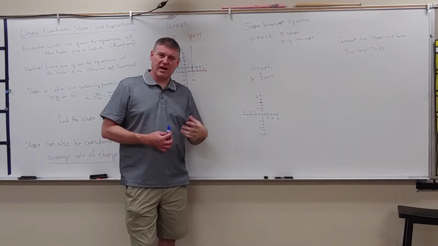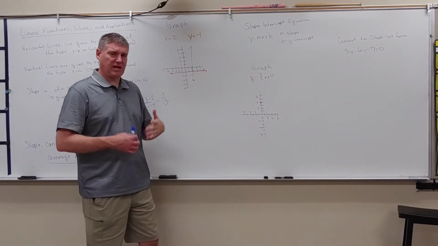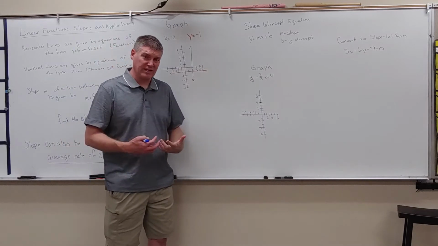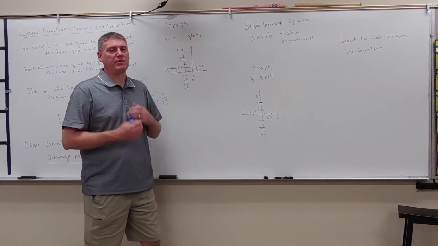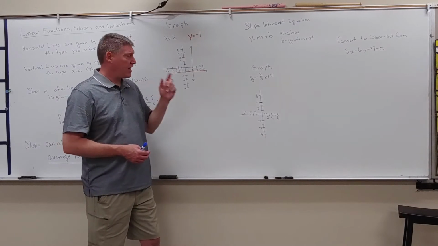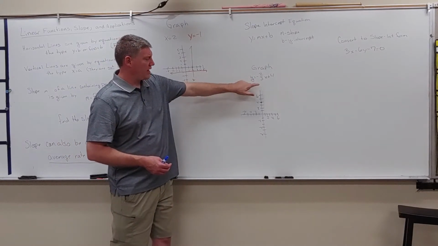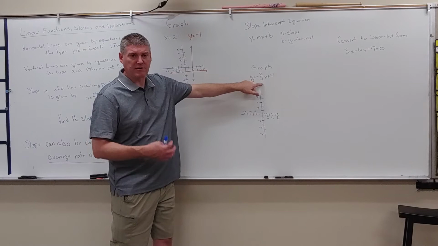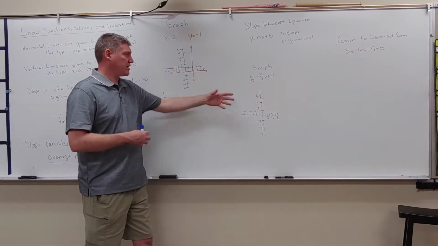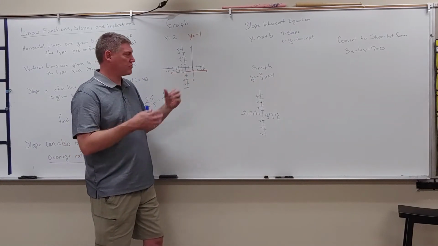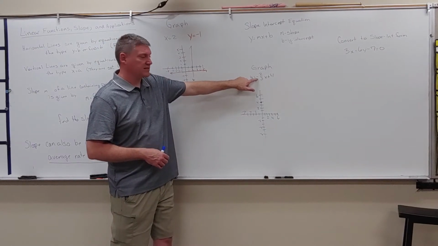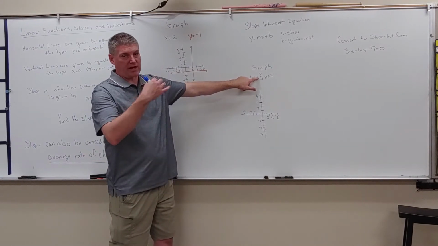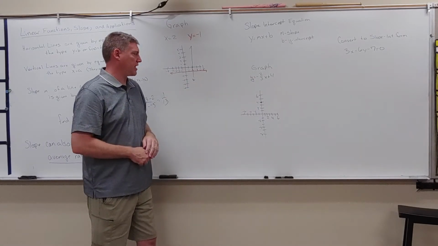The reason I do that is it makes it easier, because a lot of times if I have students that are struggling, I can just tell them, well, up or down and to the right. So that way they know that the number on the bottom is how much they're going to the right. Yes, I know that you can flip it around and do some other stuff, but usually students that are struggling with graphing can see that positive goes up, negative goes down, and so it just helps them.